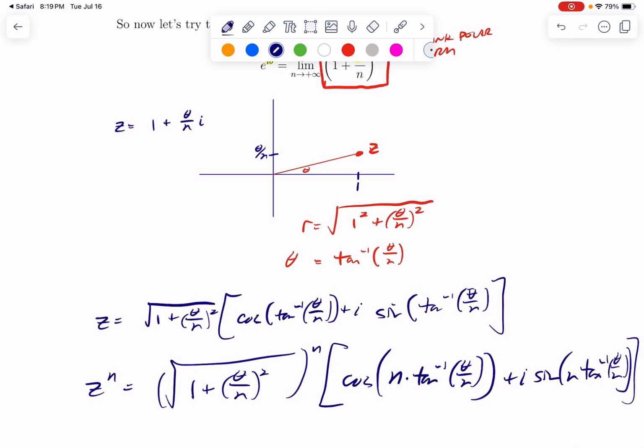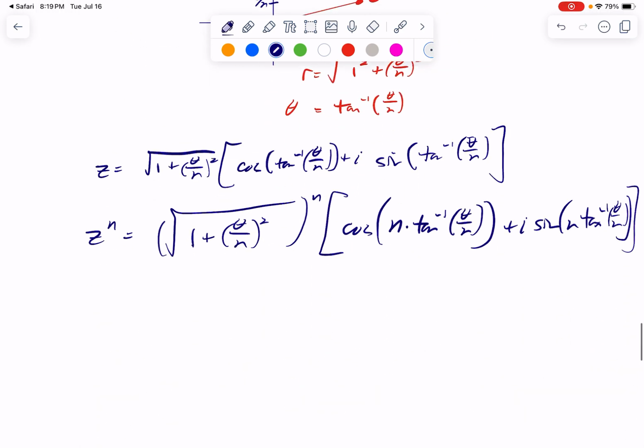And remember, we're going to run a limit of this. So we want to know what is the limit as n goes to infinity of z to the n.